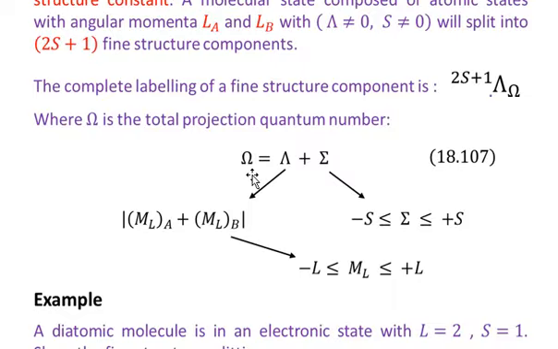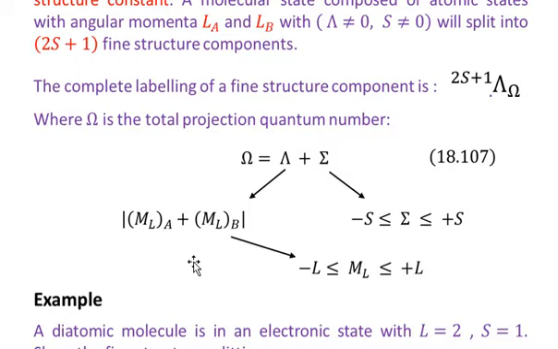Since capital omega is equal to capital lambda plus capital sigma, because capital lambda is the projection associated with the orbital angular momentum and capital sigma is the projection associated with the spin angular momentum. We have seen already that this lambda is equal to the mod of the sum of the projections MLA and MLB.